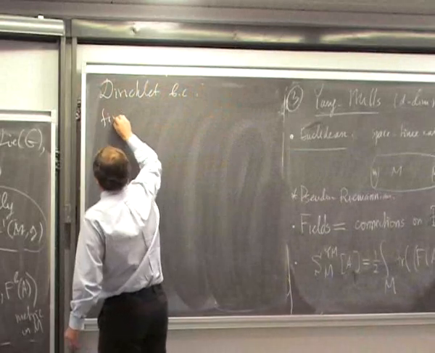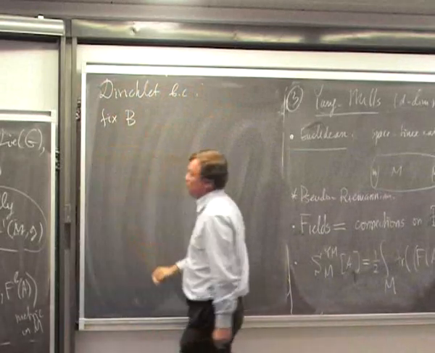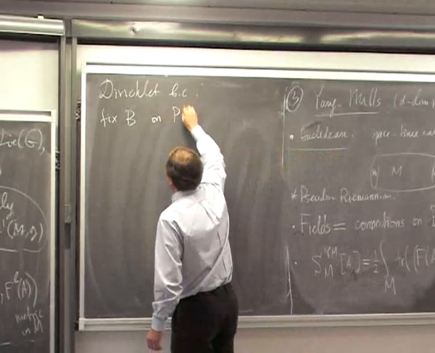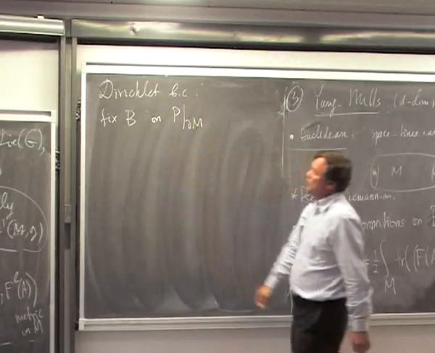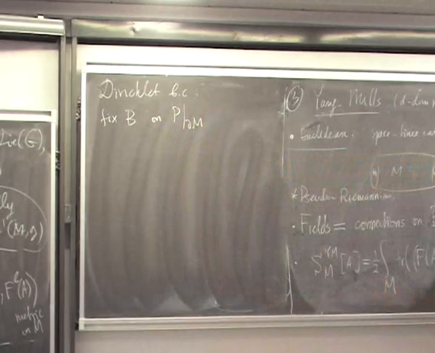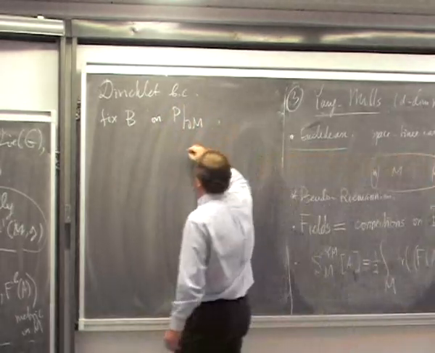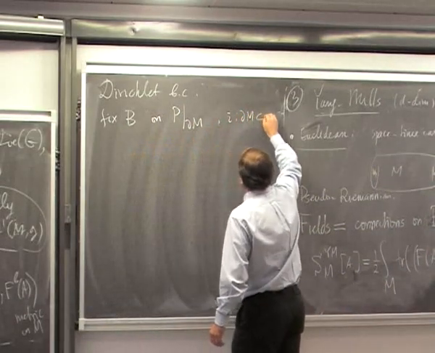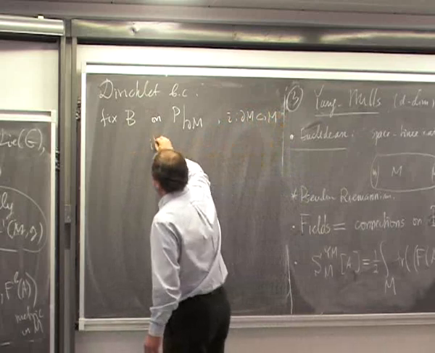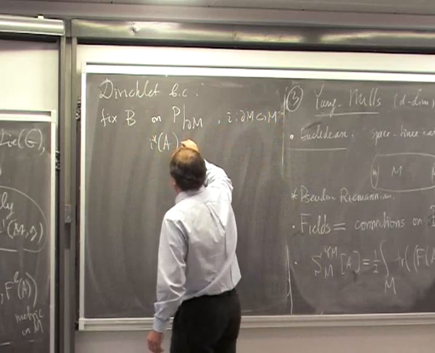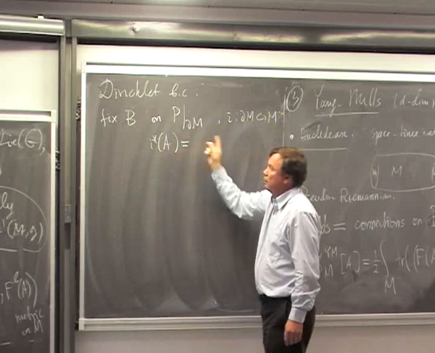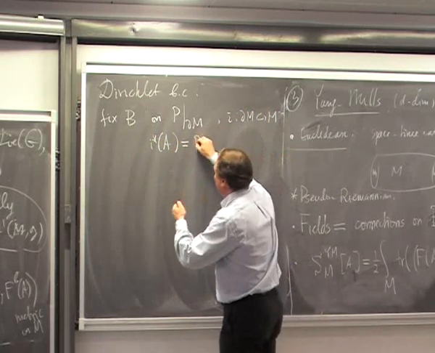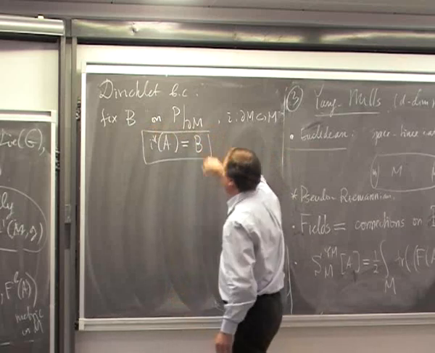So for this, fix the connection B on the restriction of our principal G bundle to the boundary of M. Then we have the embedding of the boundary that pulls the connection A back to the bundle on the boundary, and that's the Dirichlet boundary conditions.